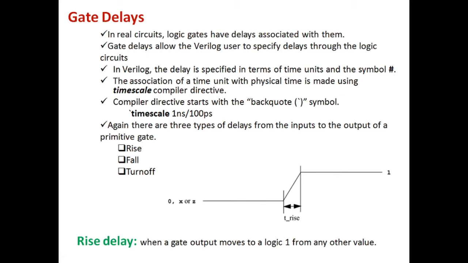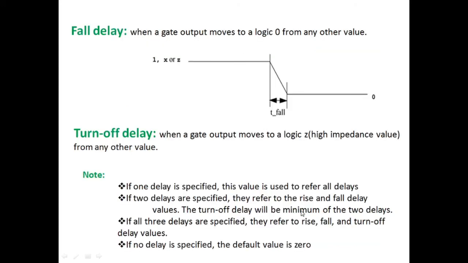The rise delay is the case where the gate output has a transition to logic 1 from its previous value. Its previous value may be logic 0, logic X, or logic Z. If the gate output comes to logic 1 from its previous value, we call it a rise delay. The time taken to have a transition from one logic state to another is the rise time delay.